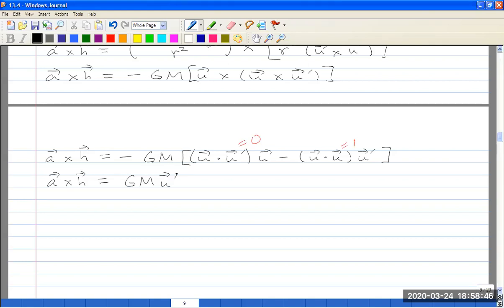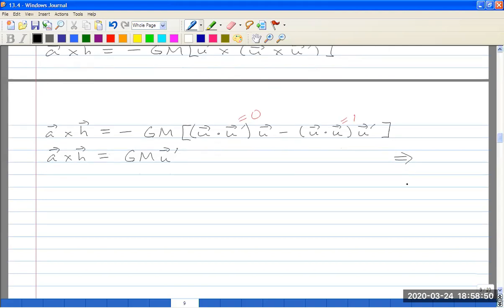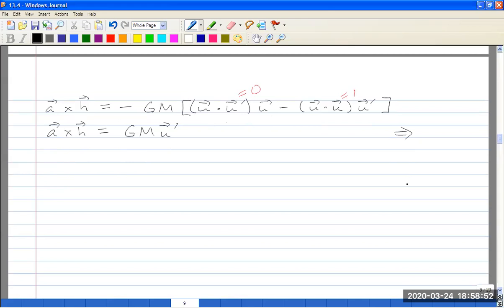Okay. So I have that V cross H, let's take the derivative of that. That's just, again by the product rule, V prime cross H plus V cross H prime.